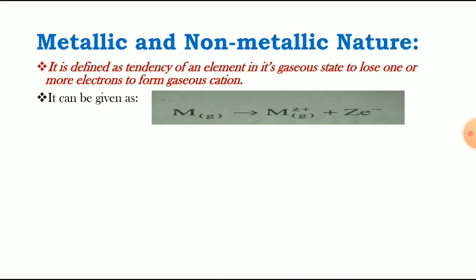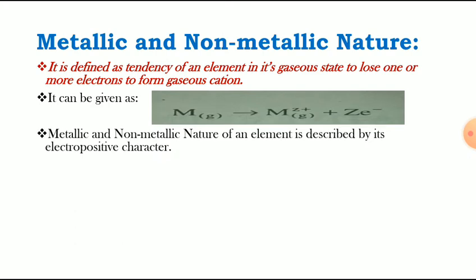That means when the metal goes into the gaseous state, it gives M raised to Z plus, plus Z electrons, Z e minus. That means when the metal goes into the gaseous state, it gives electrons to the other. So that is the case of the metallic and non-metallic character.